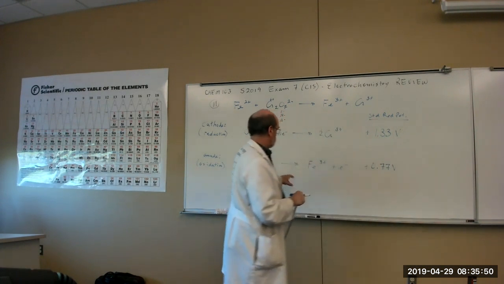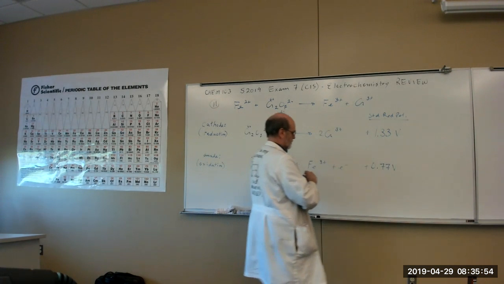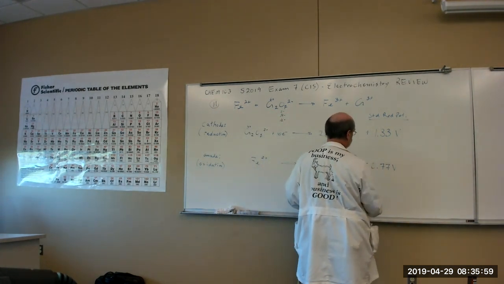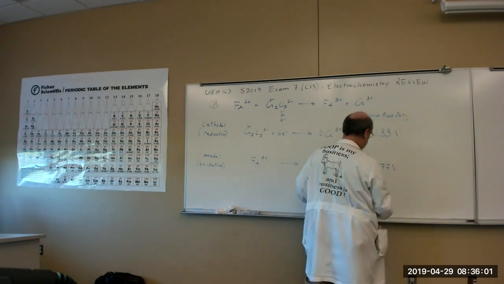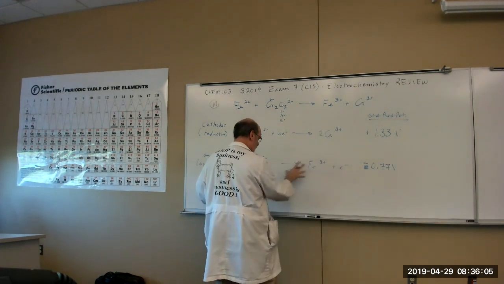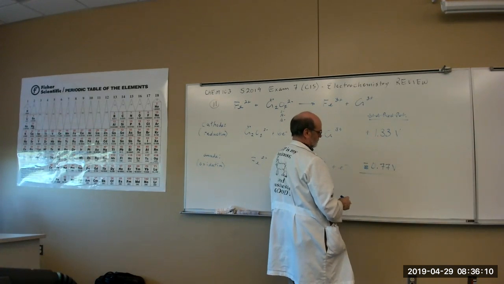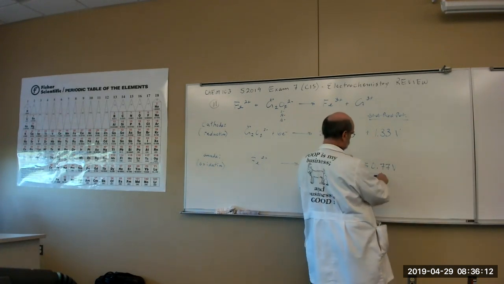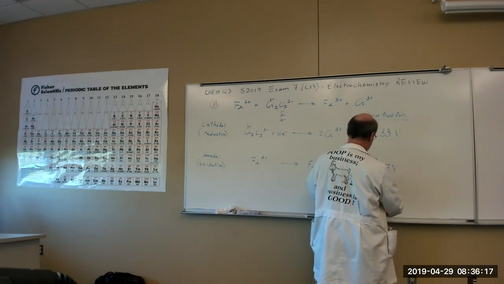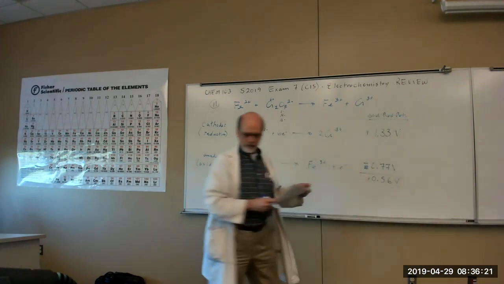Now that's for reduction, but this is oxidation. So this one has to be minus, and then we can't do that anymore. So this is the actual voltage for that reaction, minus 0.77. Then you just add them together. Right, so 7 from 13 is 6, 7 from 12 is 5. So we have a plus 0.56 volts.